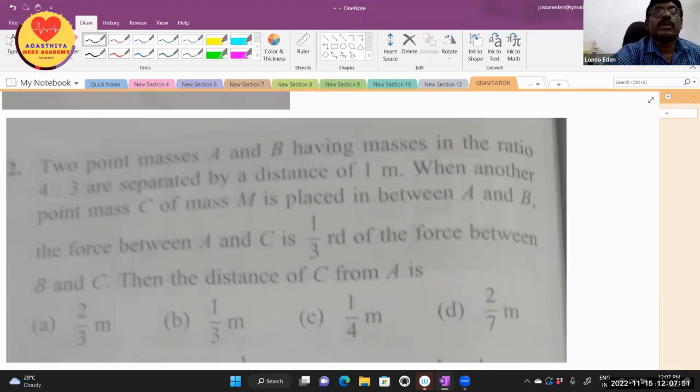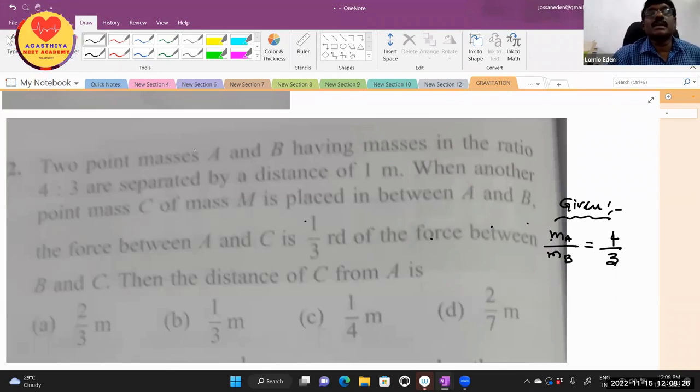Two point masses A and B have the mass ratio 4:3, say 4/3. They are separated by a distance of 1 meter.